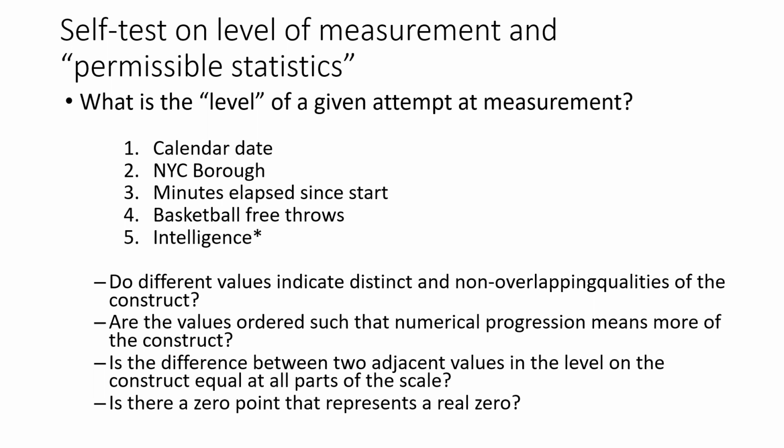Yes, you know when one day starts and one day ends. Are they ordered? Yes, we all can agree that September 8th appears after July 3rd within a given year.